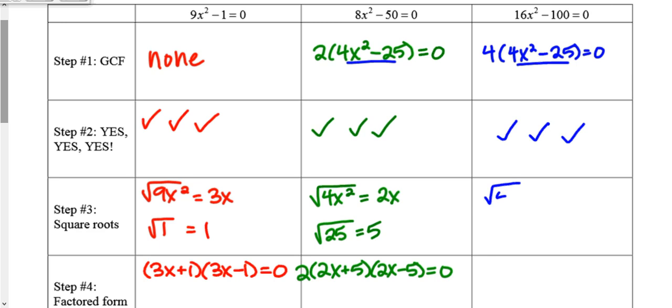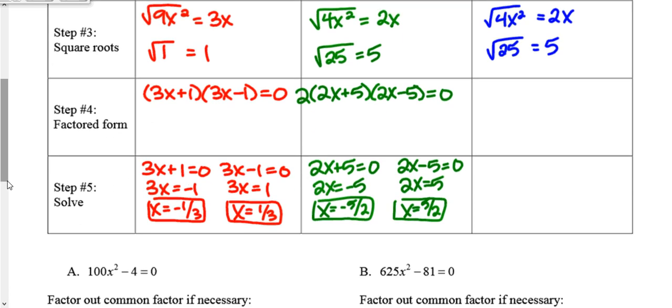We already know that the square root of 4x squared is 2x. We already know that the square root of 25 is 5. And so the factored form is just going to look different in the fact that we have a 4 out in front this time. But because the factors are the same as the last problem, these answers will also be the same as the last problem.